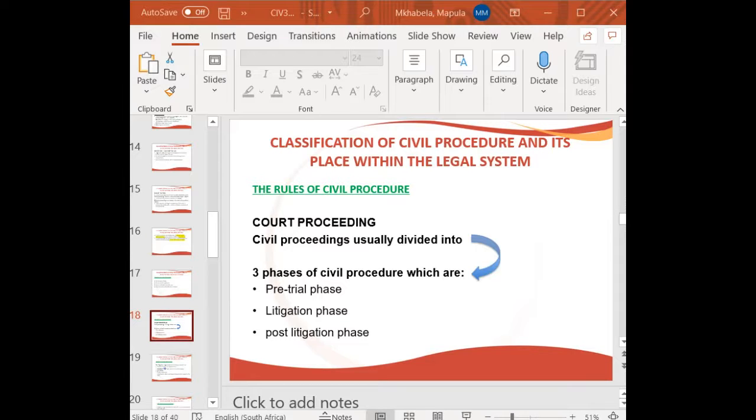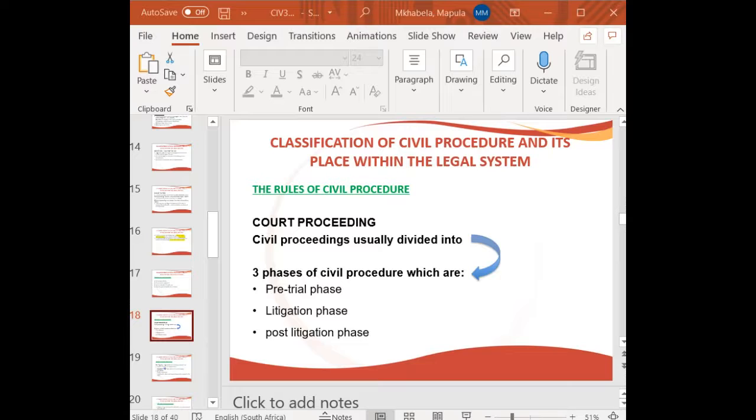Secondly, does your client have locus standi? Very important, ladies and gentlemen. Is the client the correct person to institute a claim, because you cannot be acting on behalf of someone else? And also, when you sue a company on the basis of a contractual obligation, you sue a company as an entity, but not a person.